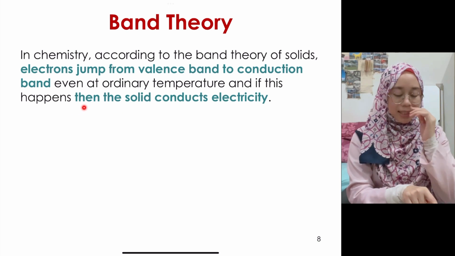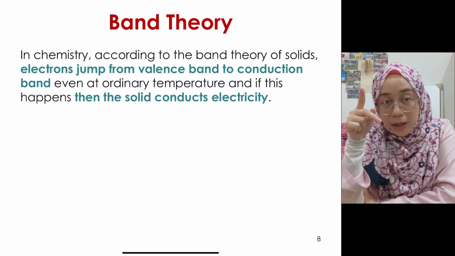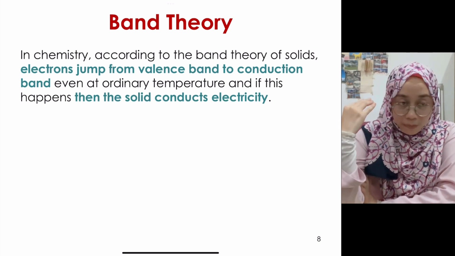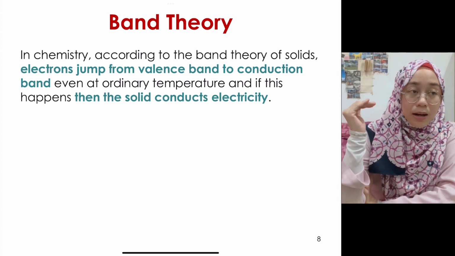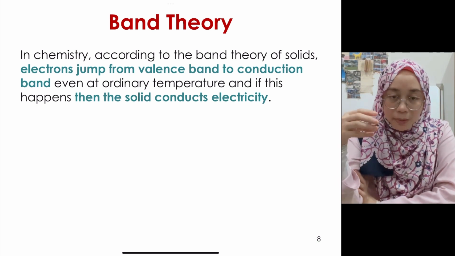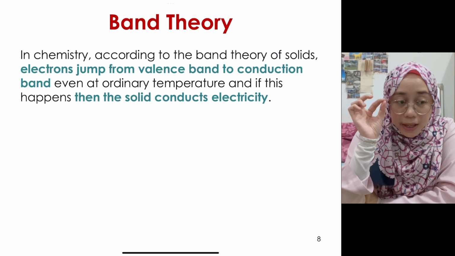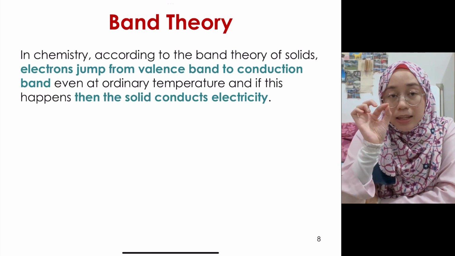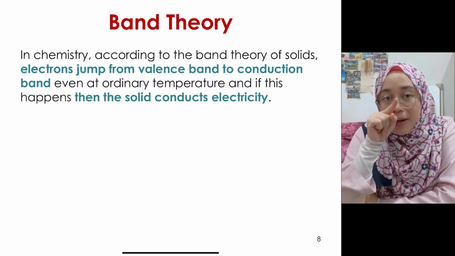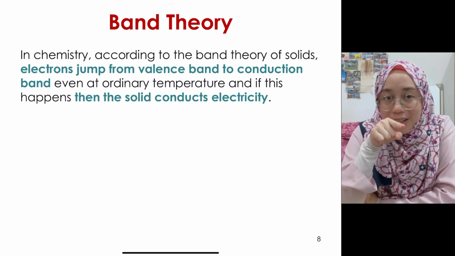If this happens, then the solid conducts electricity. So if electrons are able to jump from the valence band to the conduction band, the electricity will be conducted. So what is the valence band, and what is the conduction band? The valence band is basically the valence orbital, the orbital where the valence electrons are located. The conduction band is the band after that, which is empty, after our valence orbital.